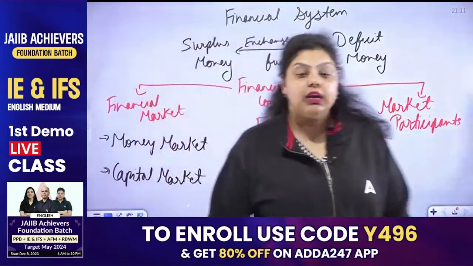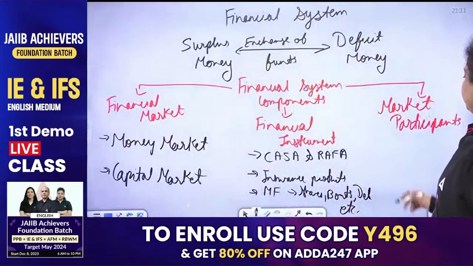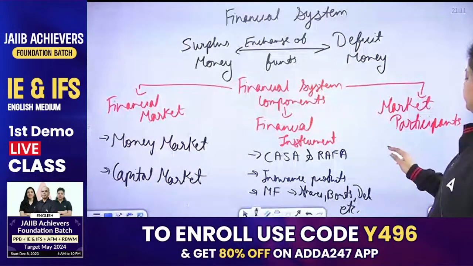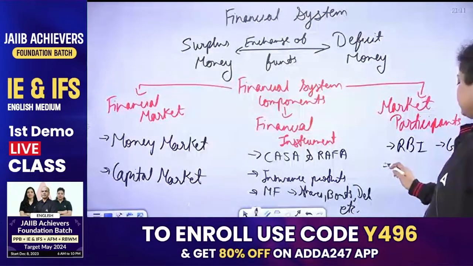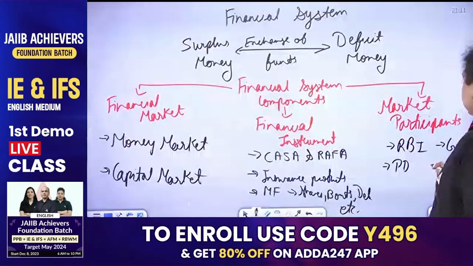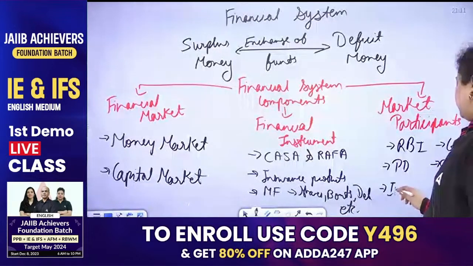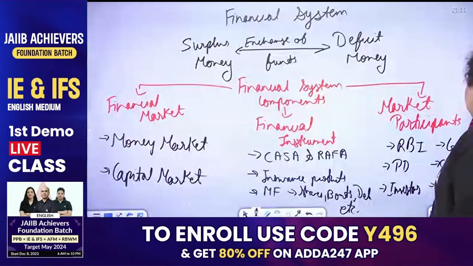Now, when it comes to market participants, who are they? Whoever is participating can be RBI, the government of the country, primary dealers, corporates, or any investor. An investor can be you, it can be me, it can be any company.